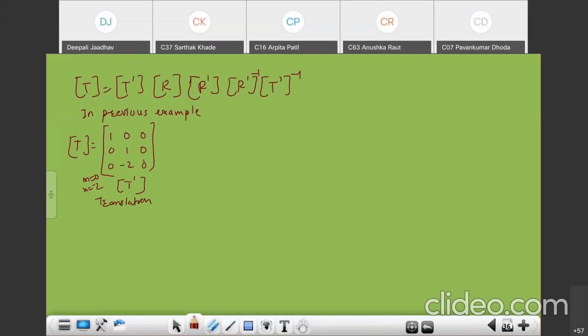Then the second transformation matrix is for rotation about some angle theta: 2 by root 5, minus 1 by root 5, 0, 1 by root 5, 2 by root 5. That is our R, rotation with angle theta.